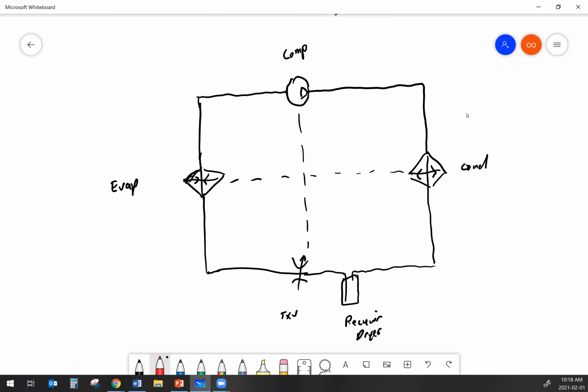Now these quadrants here, starting with the compressor, we can take a look at what's happening in each area of the refrigeration system in terms of temperature, sensible temperature, in terms of pressure, in terms of BTU content, it's thermal energy, and in terms of the state of the refrigerant.